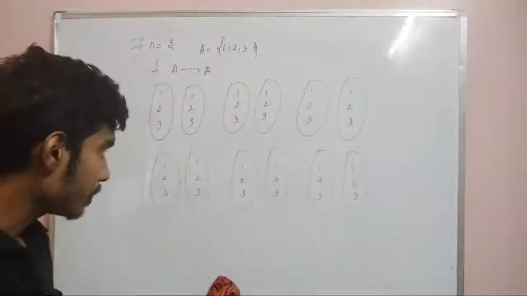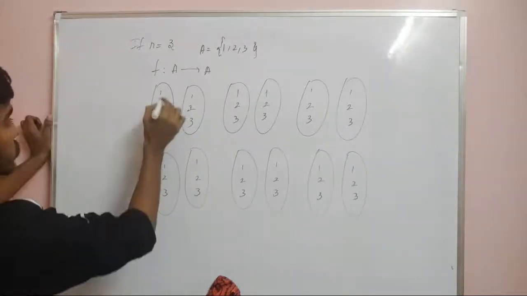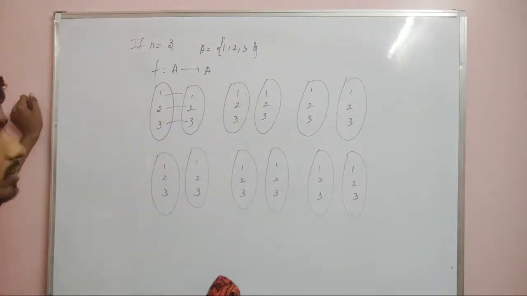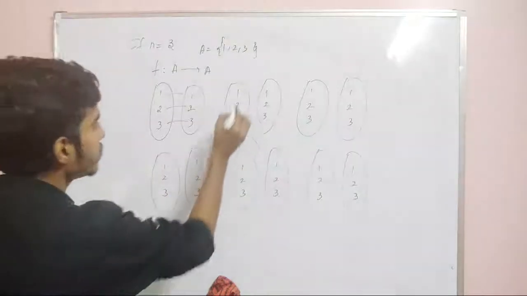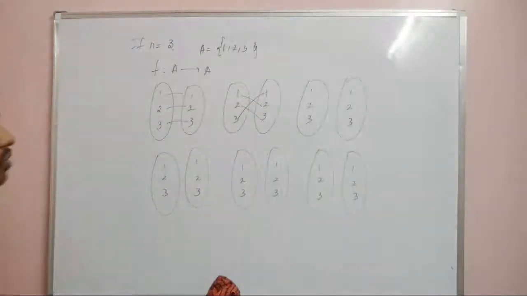Now how many 1 to 1 mappings can you define? You can see the identity element is always a 1 to 1 mapping. I can also define a map where 1 goes to 2, 2 goes to 3, 3 goes to 1. This is 1 to 1.